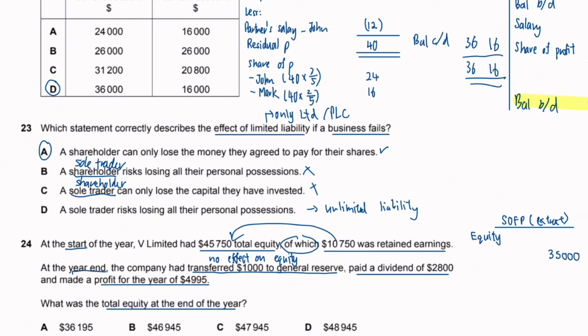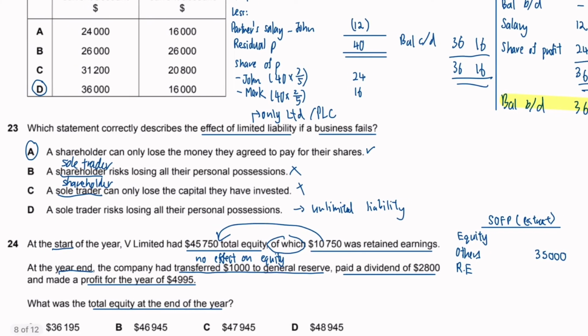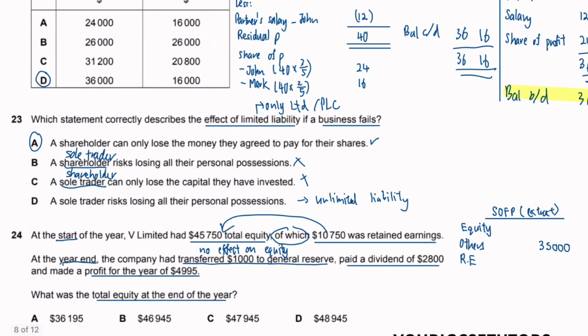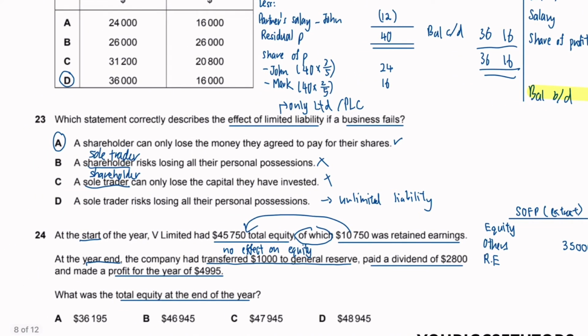Okay, why is it 35,000? Because you take this minus out this. So you just write retained earnings. For this, we just write others. And then this is retained earnings. But before that, we need to calculate. So retained earnings, let's take the opening balance, 10,750.